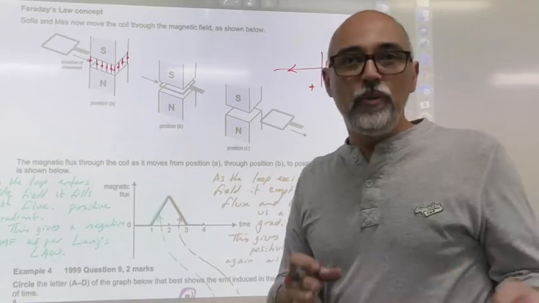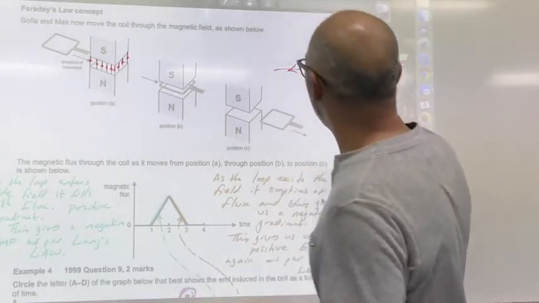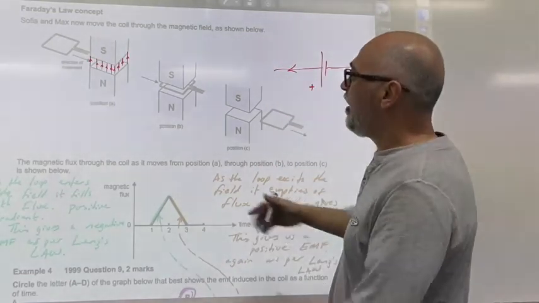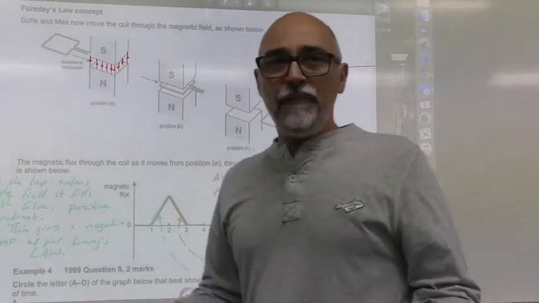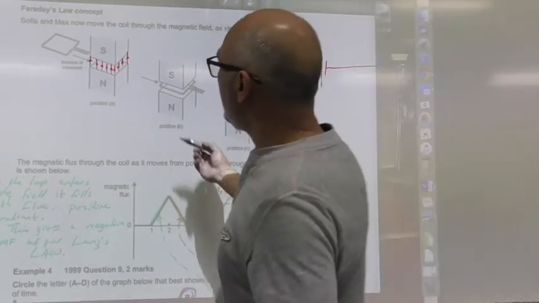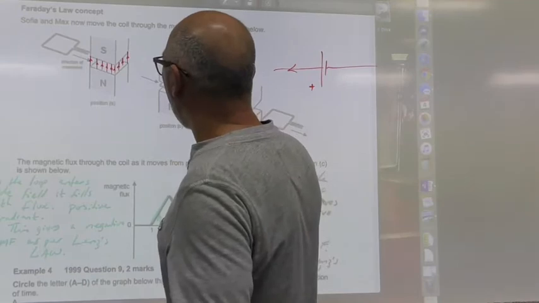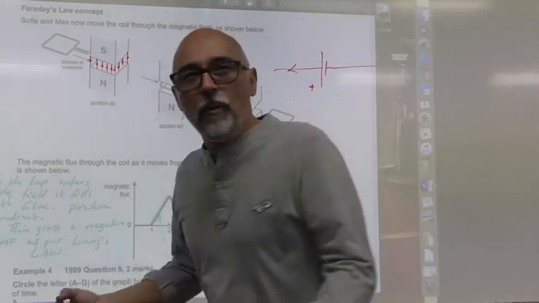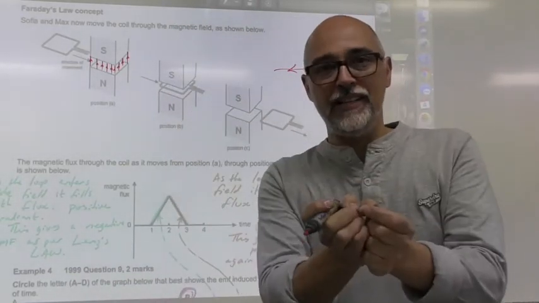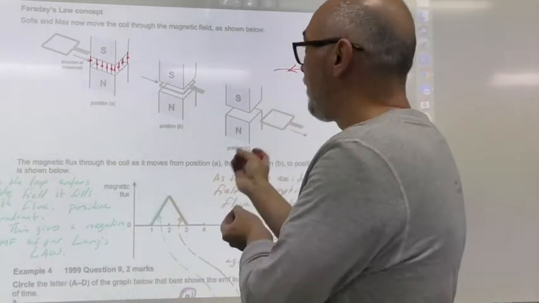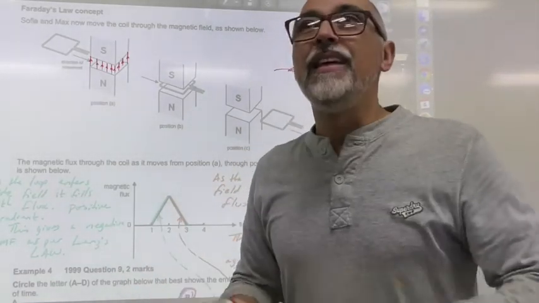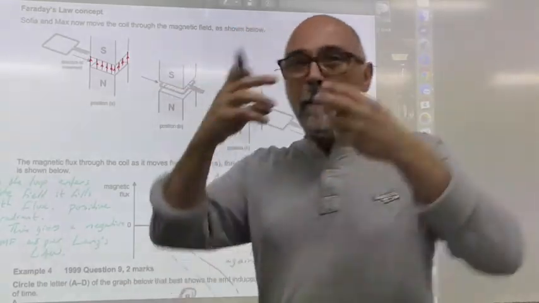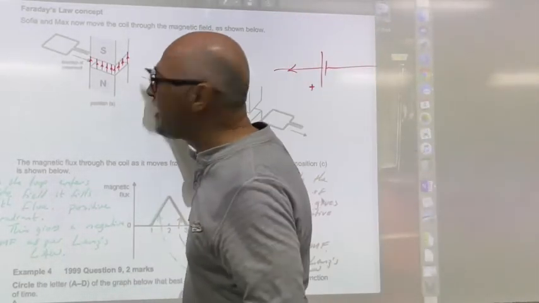By actually doing what I tell you to do, all right? So it's really important that when I say, okay, there's a field, identify the direction of the field, okay? Don't sit there staring at it blankly and go, oh, I don't understand anything, when you didn't do the very first thing that I said to do, which is put the field lines in, put some arrows in. The rest of the question comes to you when you do these little things.